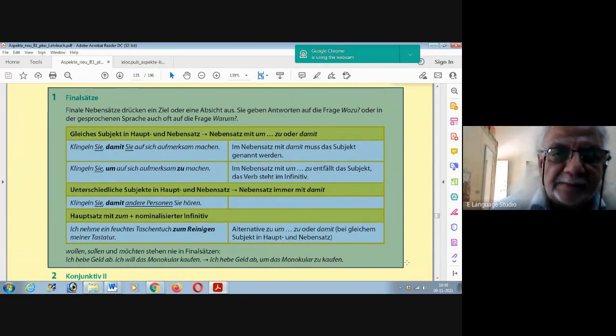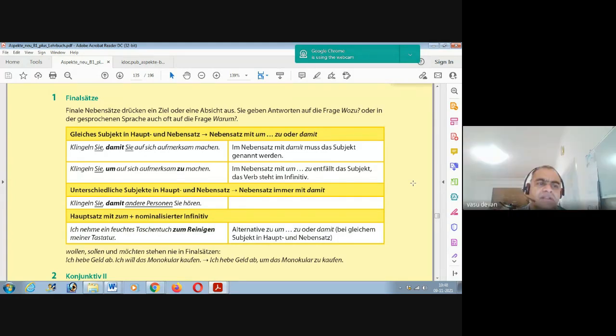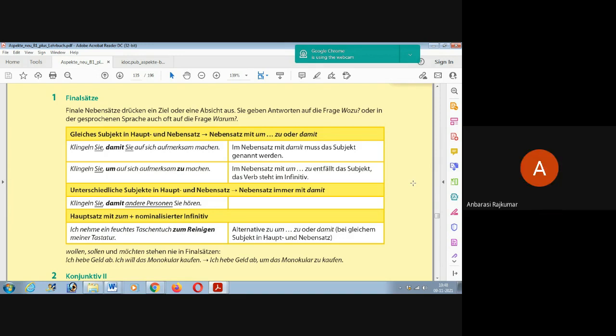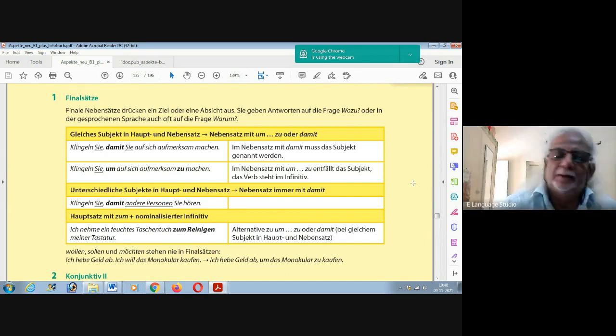If not as Finalsatz, as damit constructions? This is the grammar in this lesson. I have used this sentence with umso a little, but without being aware of it, unconsciously. Either you say ohne zu wissen or unbewusst. And the others? Are you familiar with the concept of the usage rather than the terminology?